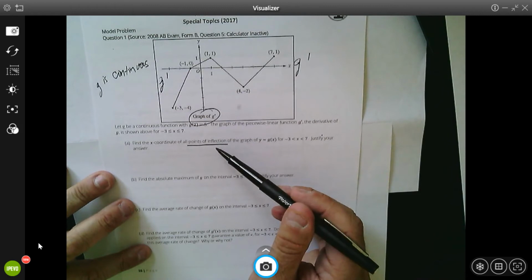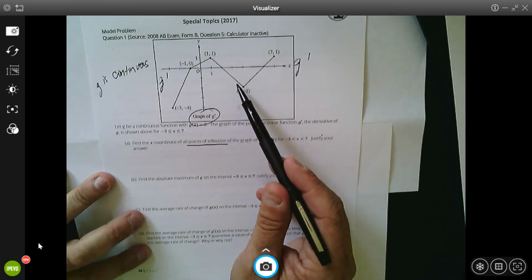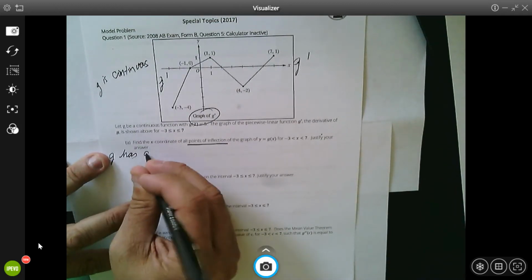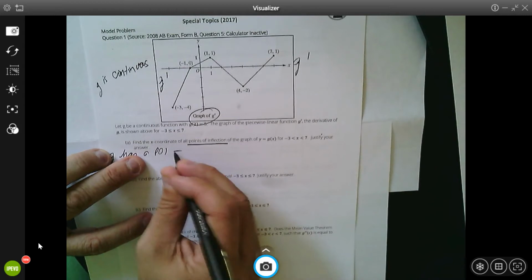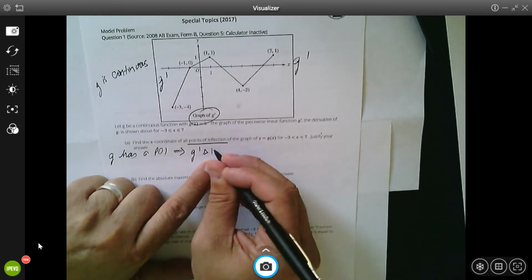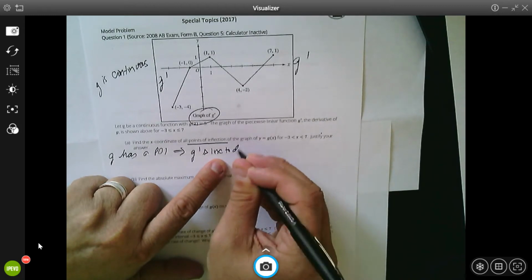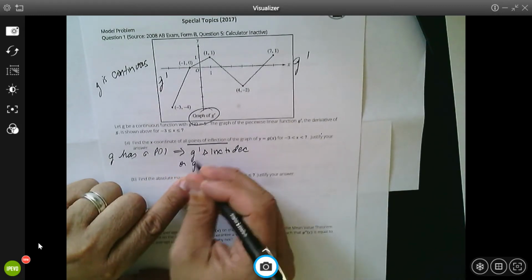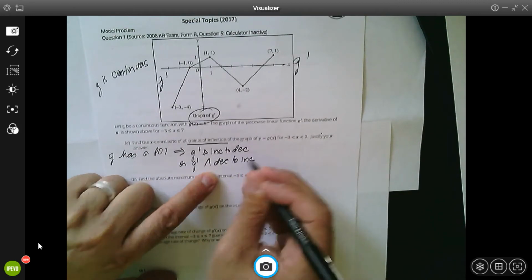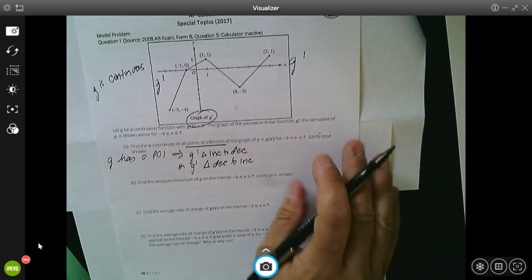So I'm asking you about the graph of g, but I don't see g, I see g prime. Well, what is true? G has a point of inflection. What does that mean about g prime? G prime has to change from increasing to decreasing, or g prime makes a change from decreasing to increasing.